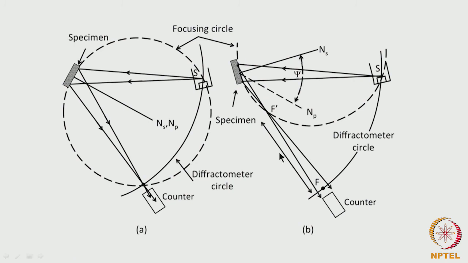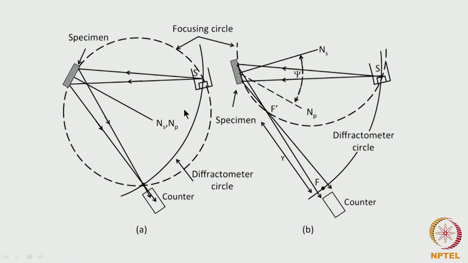So, we can see here under normal incidence, if this is the specimen and this is the diffractometer circle, this is the focusing circle. The focusing circle is always tangent to the specimen, and this is the location of the counter. So, in the normal incidence method, the perpendicular to the specimen and the perpendicular to the diffracting plane are the same.